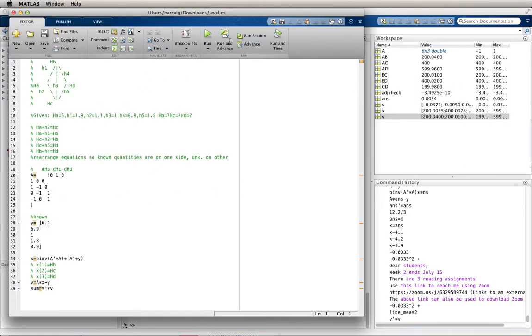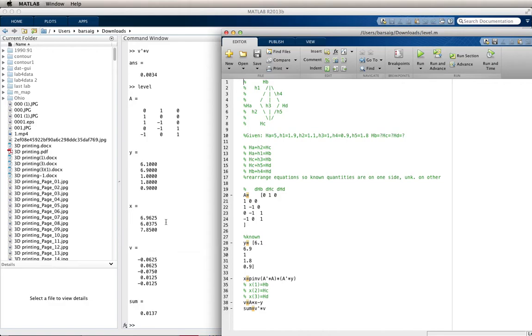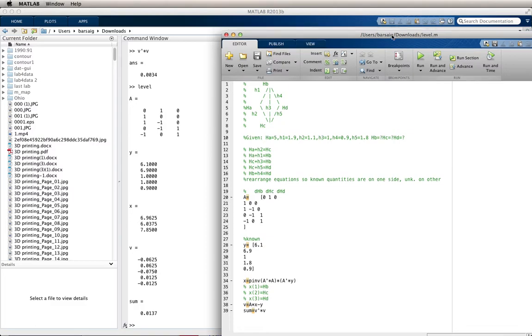Let's run it. And there are our adjusted values for HB, HC, and HD. There are the residuals, the sums of the squares of the residuals.